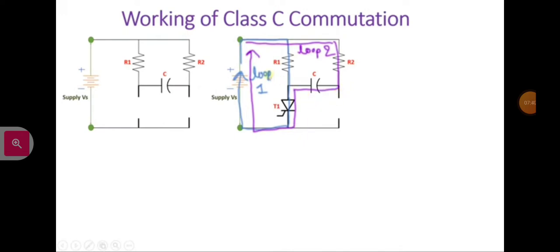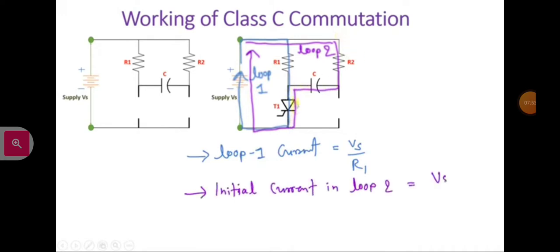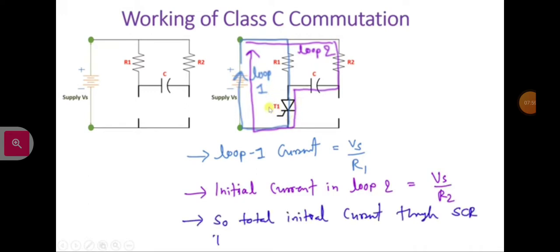Now if you observe current in loop 1, that current will be Vs by R1. And initial current in loop 2 will be Vs by R2. So total current passing through T1 initially will be Vs by R1 plus Vs by R2. And you will observe that current in loop 2 will be decreasing and it will get to 0 once this capacitor charges to voltage plus Vs, with polarity plus minus like this, right?